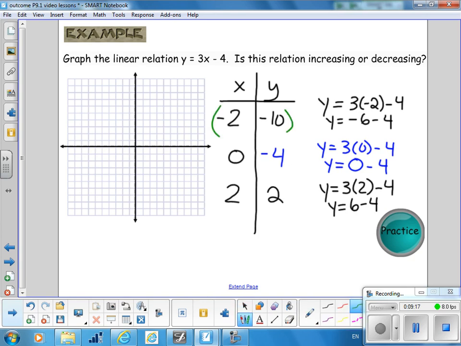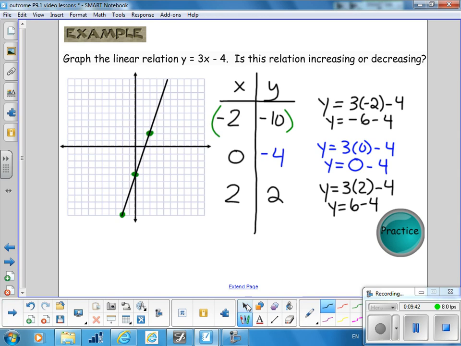-2, -10 means move 2 to the left and 10 down and put our point. 0, -4, do not move left or right, simply go down 4. And 2, 2 means move 2 to the right and 2 up. And then we are going to join these points and extend.